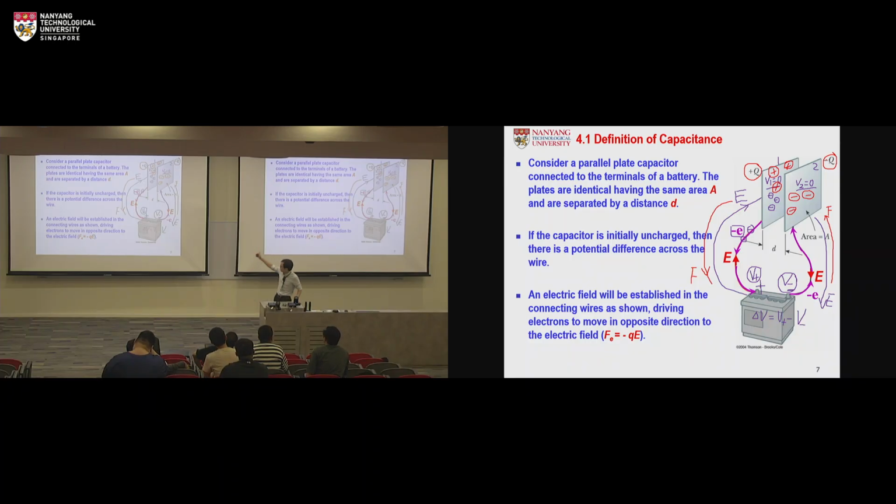Let's say in terms of E, F, delta V, which one is 0? Delta V. Here the delta V we are talking about is this delta V. Are you saying this delta V should be 0?